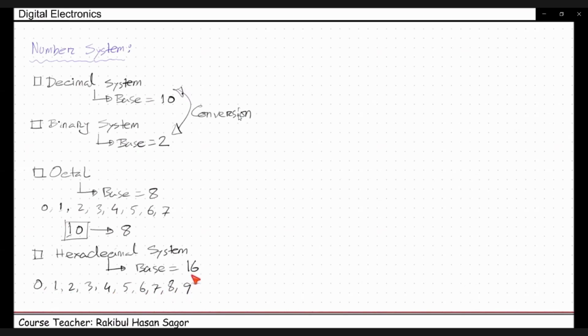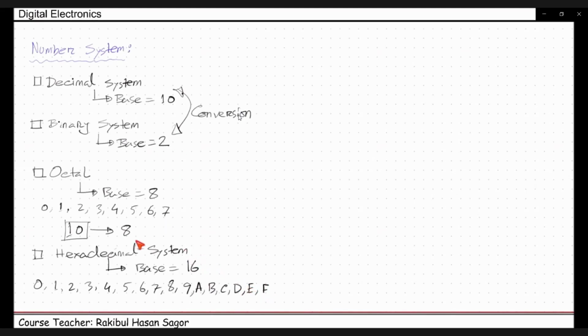Here we have 10 symbols, but we need to have 16 distinct symbols. So the decimal 10 is represented by A in the hexadecimal system. So A means 10 in the decimal system. Then B, C, D, E, F.